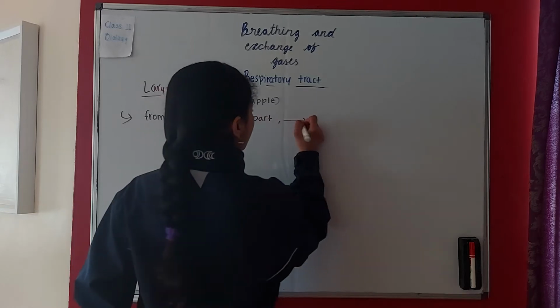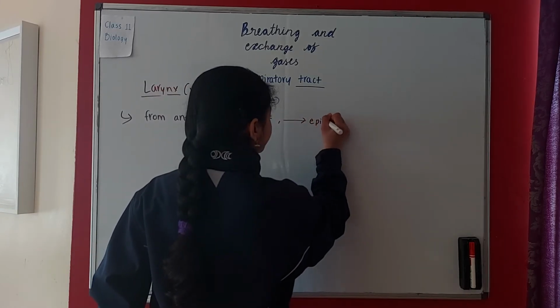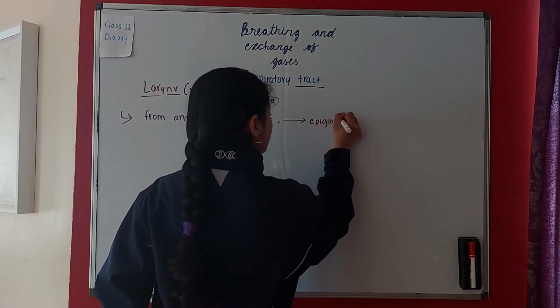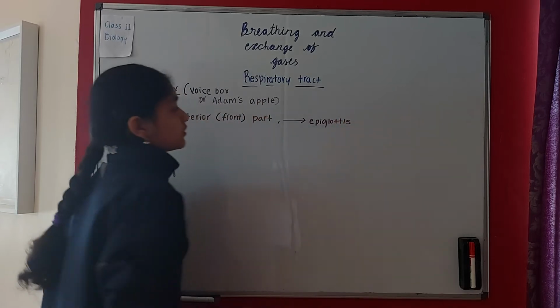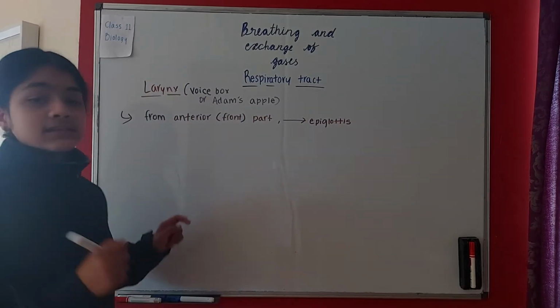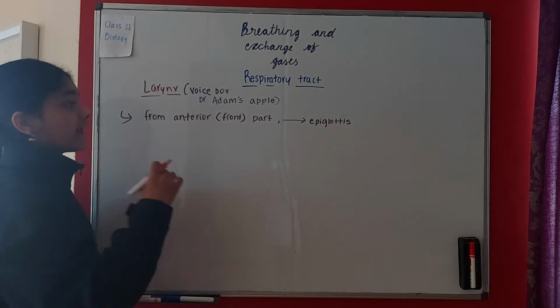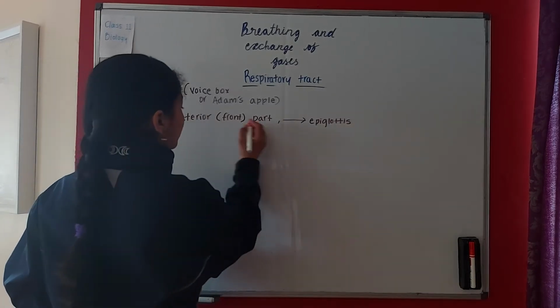So the epiglottis is the structure which arises from the anterior or front part of the larynx.